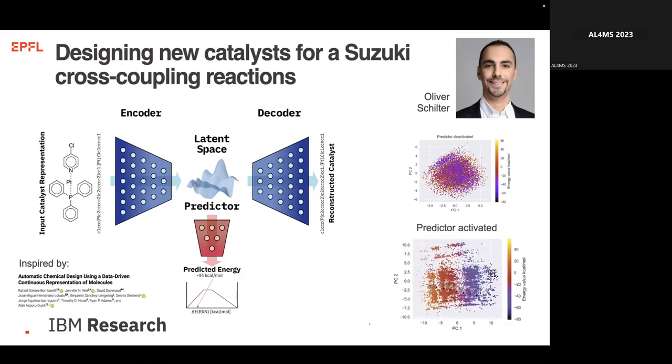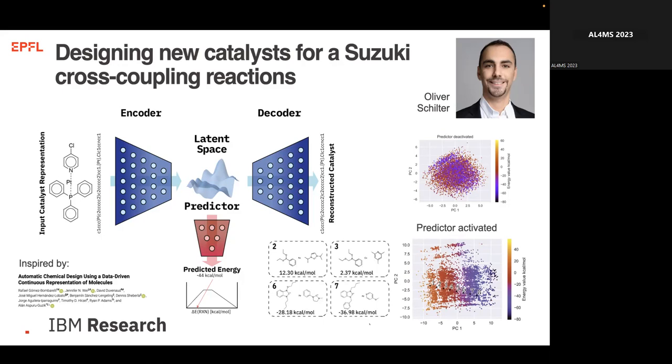But as soon as he also activated a predictor for the oxidative addition energy, which is the rate limiting step in this catalytic cycle, we could really observe super nice structure within the latent space and basically sample catalysts from the desired region.